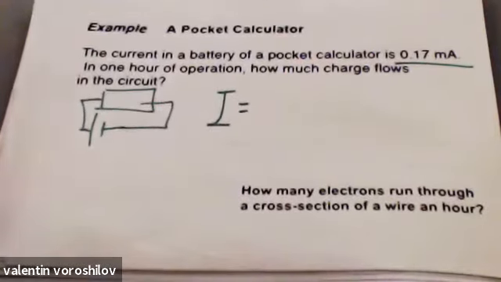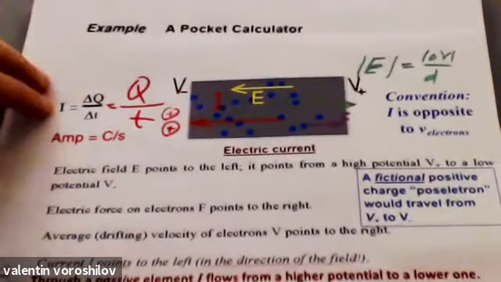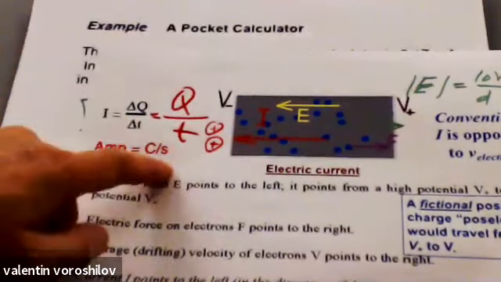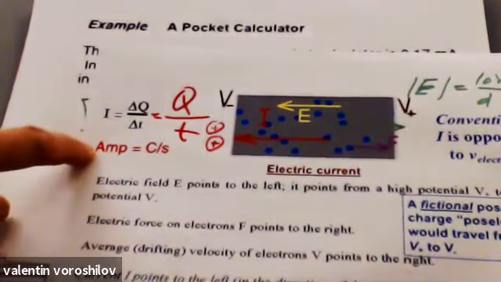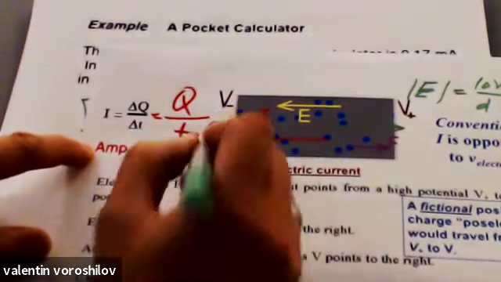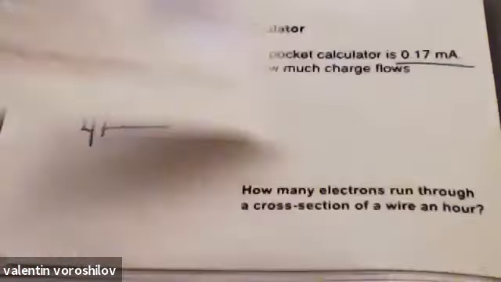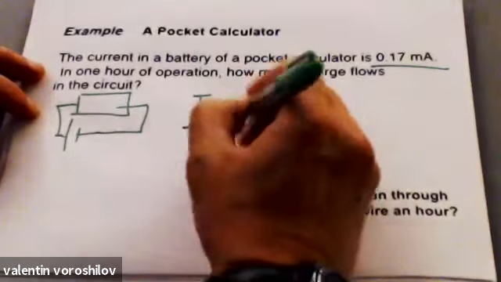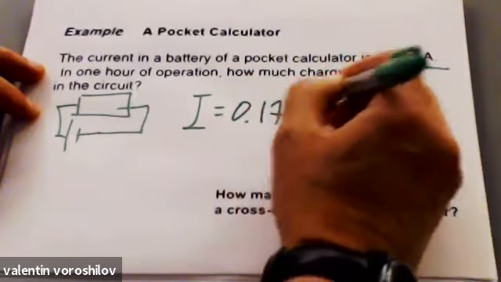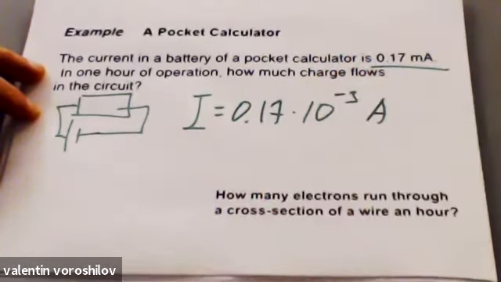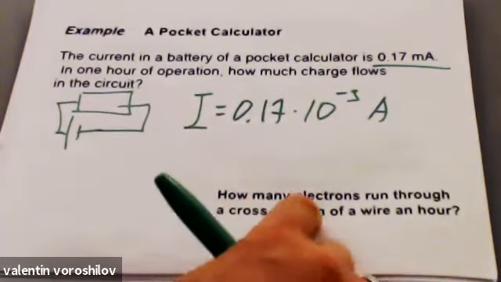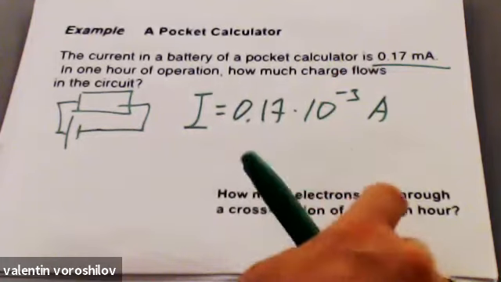If you look at the definition, the unit of electric current should be equal to a coulomb over a second, and that's what we call amps, or just A, amperes. And this is milliamps. So 0.17 times 10 to the negative 3 if you use the International System of Units. The question is, how many electrons run in an hour?